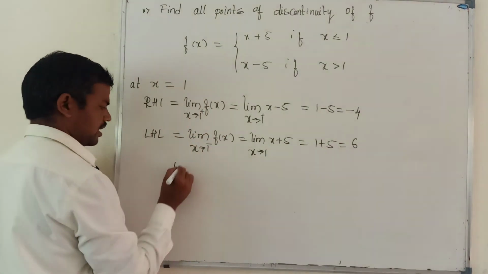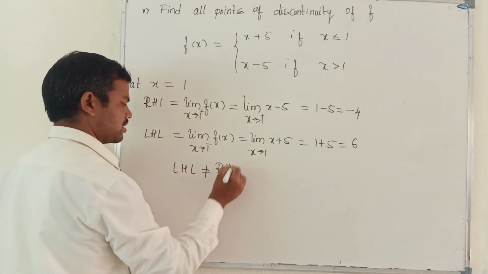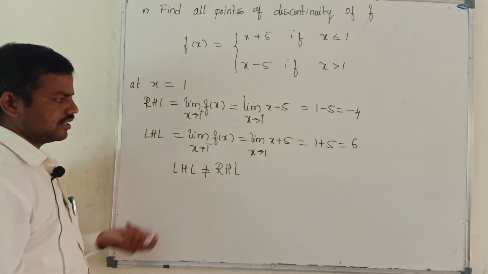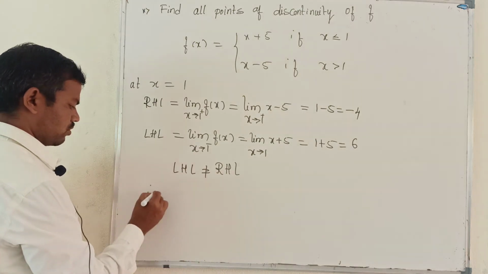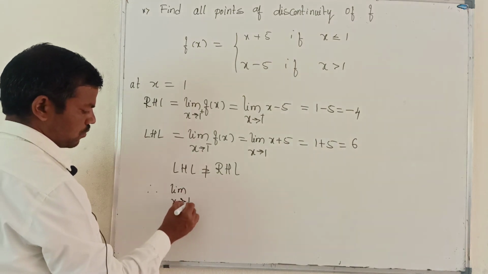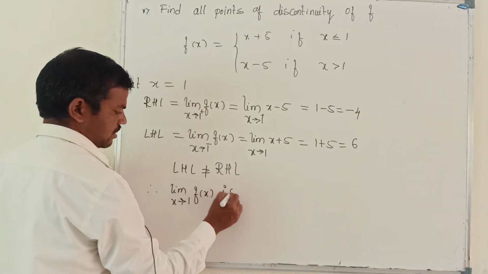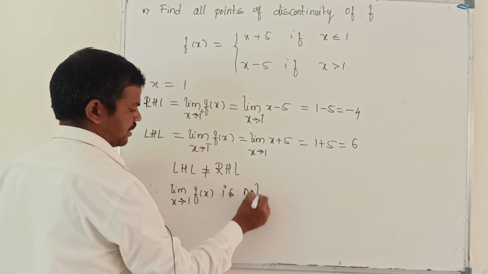So LHL is not equal to RHL, which means the limit does not exist. Therefore the limit as x tends to 1 of f of x does not exist.